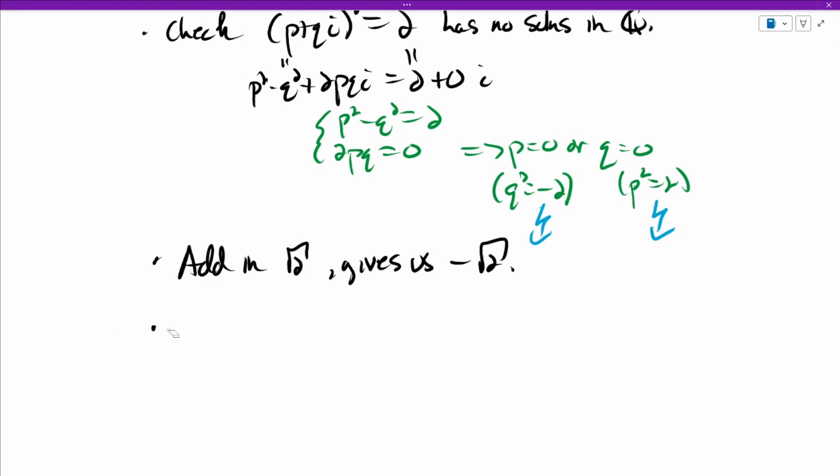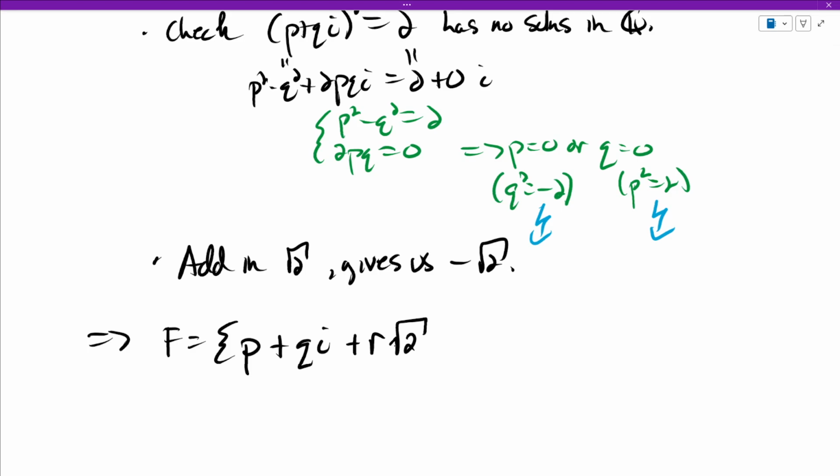So when we do this process, what we get is a field that looks like the following. We have the rationals still, but then we have to throw in i, and we also throw in negative i. We also have to throw in the square root of 2, any rational multiple of the square root of 2.